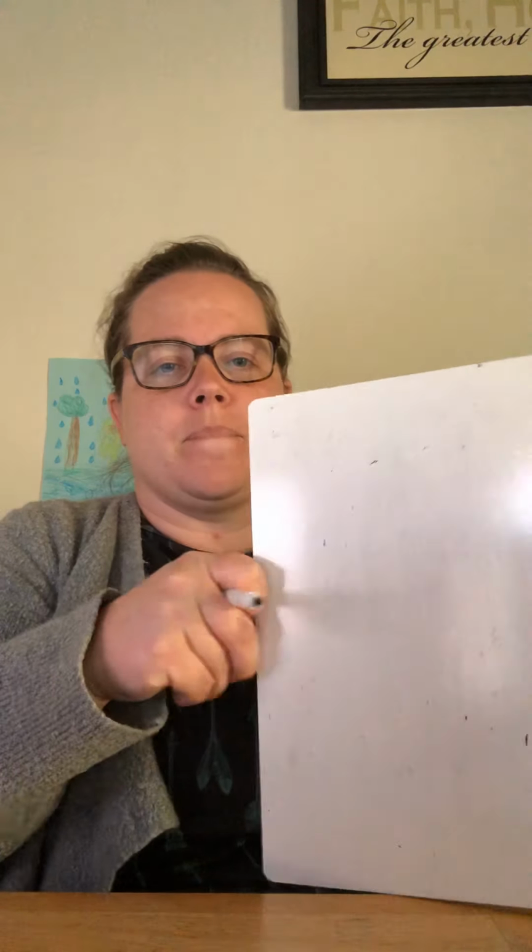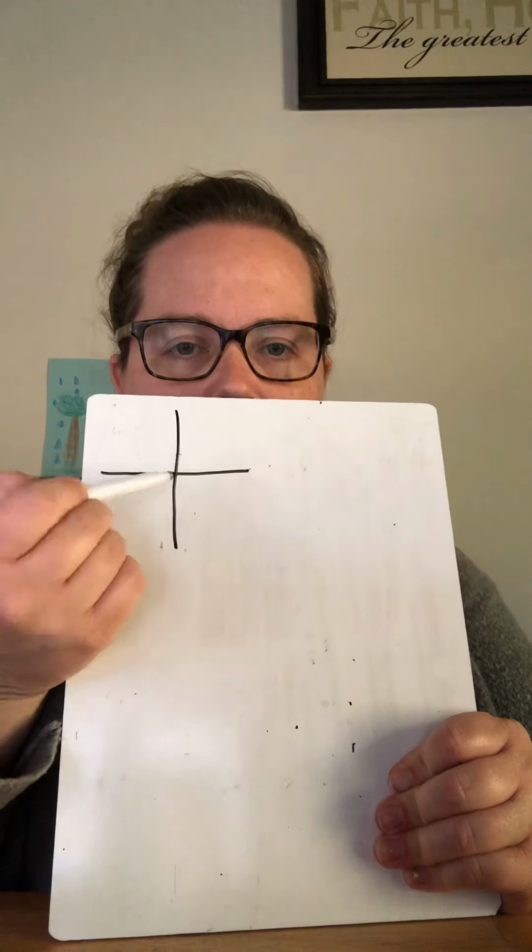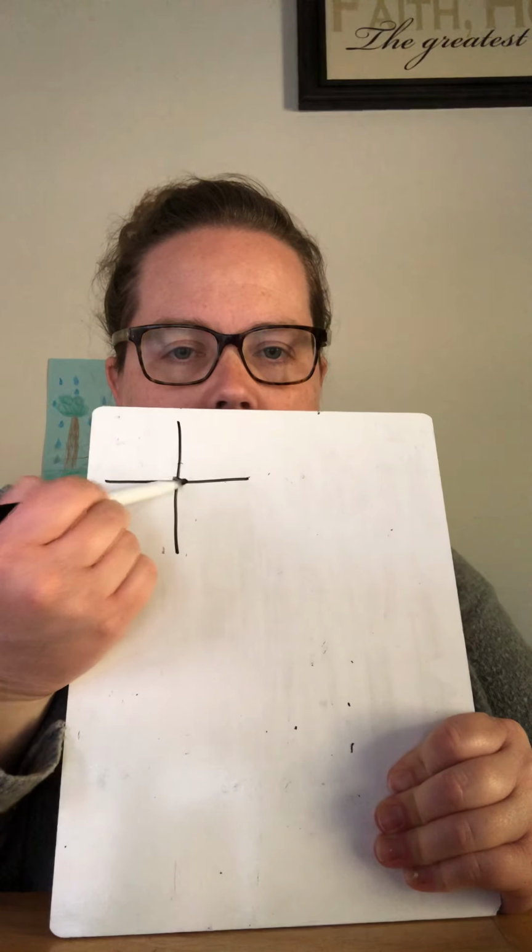We're going to do some positive and negative slope real quick. And then we're going to go real quick over real number systems. So, positive and negative slope. Here's my grid, okay? My origin is right here.